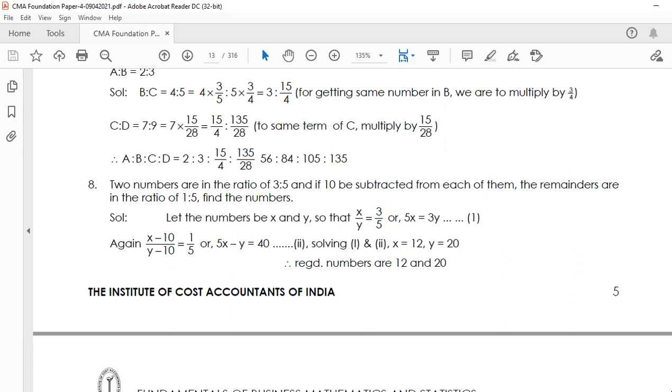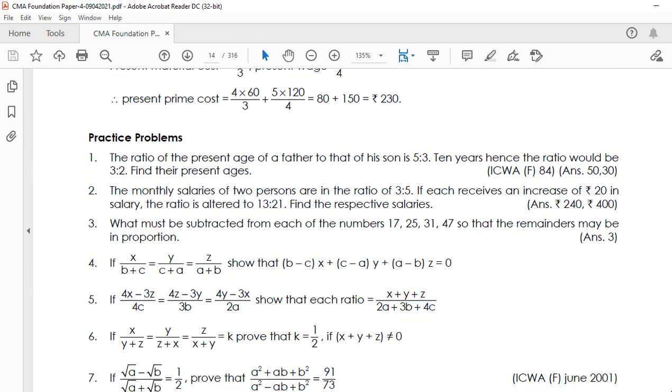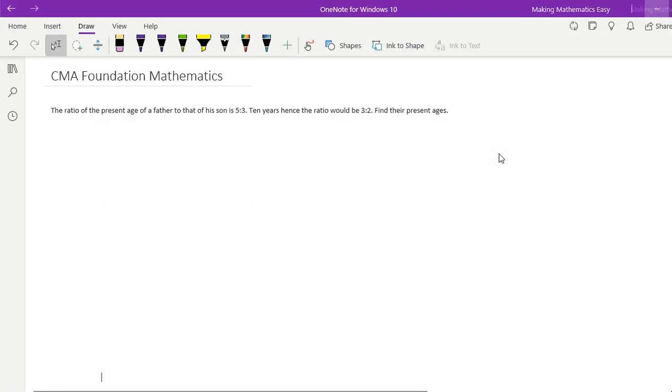Okay, so let us continue. This is also solved, this is also solved. So now we have practice problems over here which you can see. So we will be covering these sums. So we'll be covering the first sum today, which I've already taken over here.